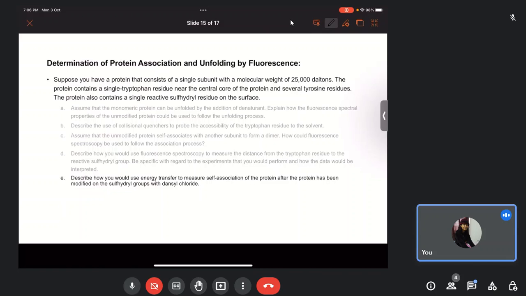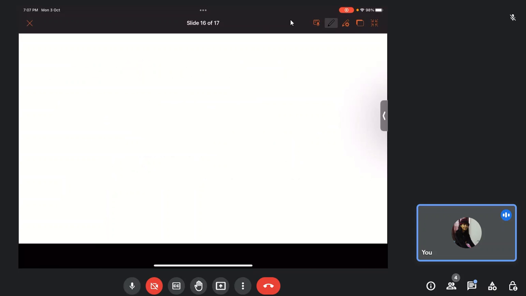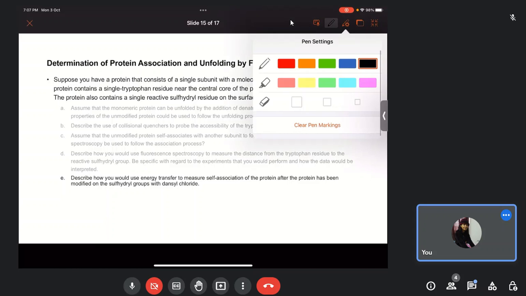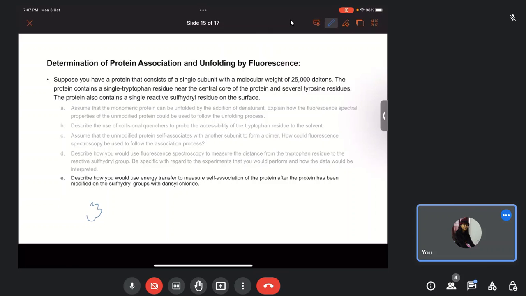The last part is how to use the energy transfer to measure the self-association of the protein after the protein has been modified with the sulfhydryl group dansyl chloride. So this is again how to find the self-association property.